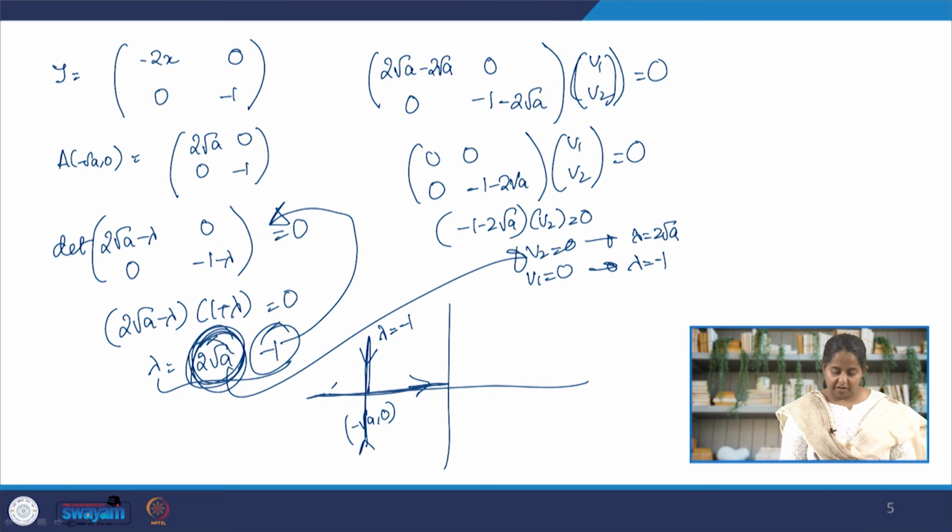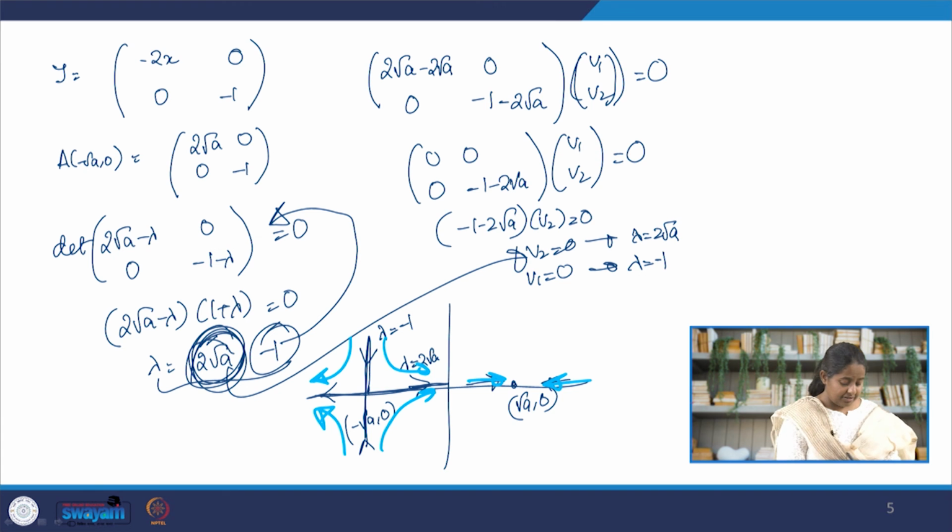The unstable manifold points in the direction of the x-axis, and the corresponding lambda is 2 root a. And here we have a stable fixed point at root a, 0. Already we can see how the flow lines will look around, and clearly this is an attractor.